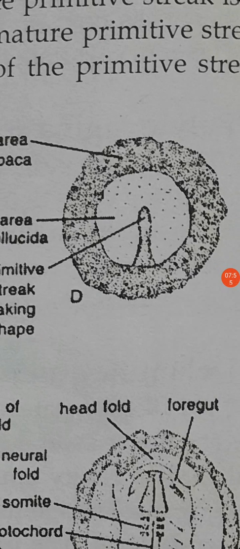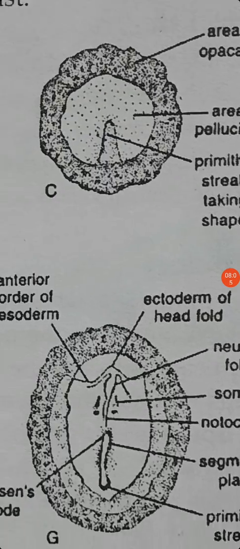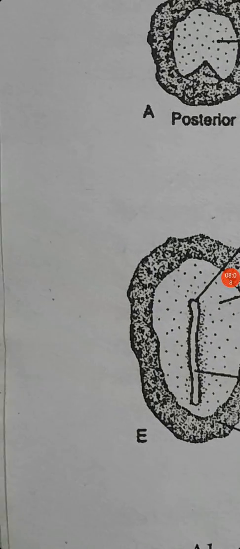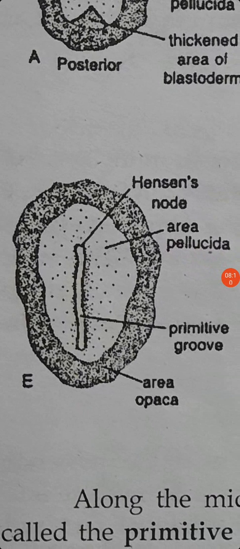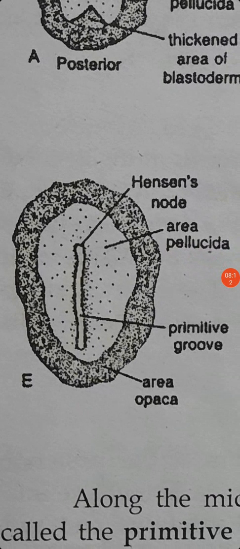So from the lower side, or the posterior side, cells get added, and the primitive streak grows. Now the next one, you will get the completely developed primitive streak.